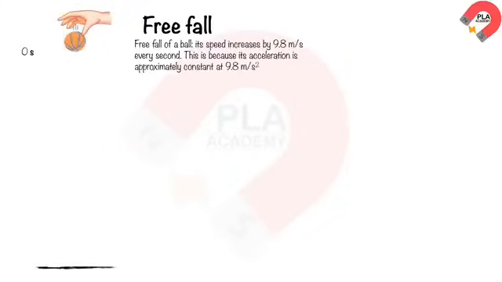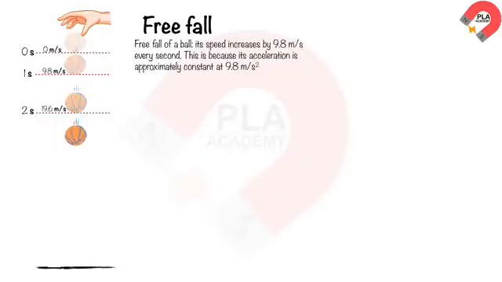A ball is dropped at rest, its initial speed is 0 and its initial acceleration is 9.8 meters per second squared. After 1 second, the ball has descended and its speed increases from 0 to 9.8 meters per second. After 2 seconds, the ball has descended a greater distance than it did in the first second, and its speed increases to 19.6 meters per second.